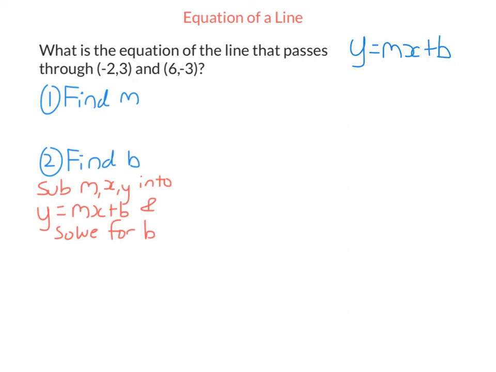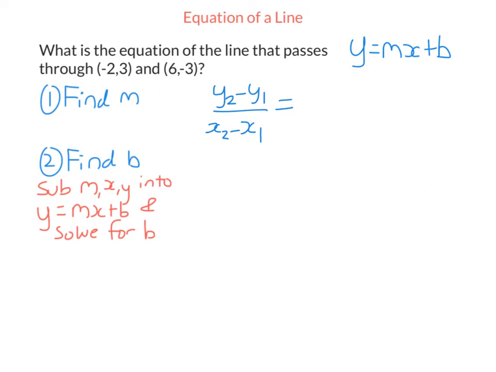Now I found M on the previous slide by using rise over run. I'm just going to confirm my answer. So remember I gave you that second formula, y2 minus y1 over x2 minus x1.